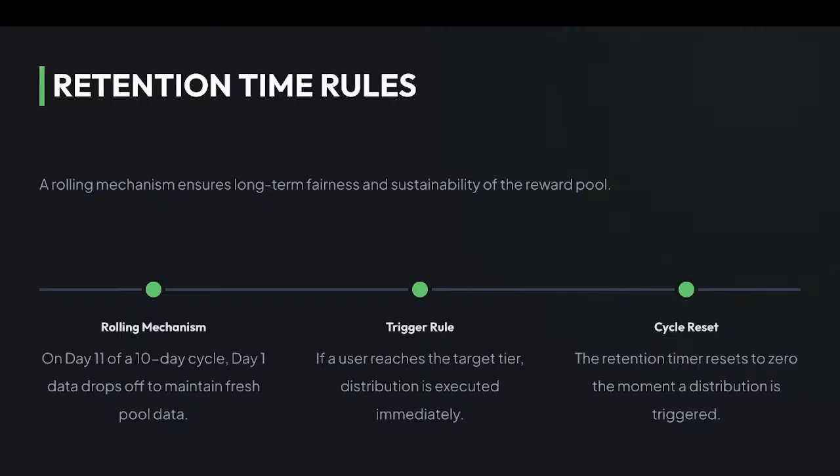For example, if you are aiming for tier D1, which has a 10-day retention period, your points accumulate over 10 days. If you do not hit the target by day 11, the system drops the data from day 1. It then calculates your total from day 2 through day 11. This prevents users from simply sitting on old values forever and focuses continually on network growth, right?